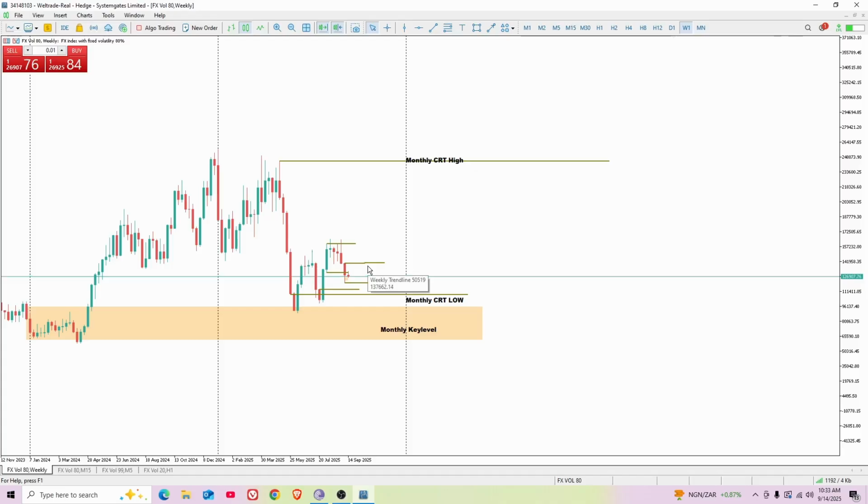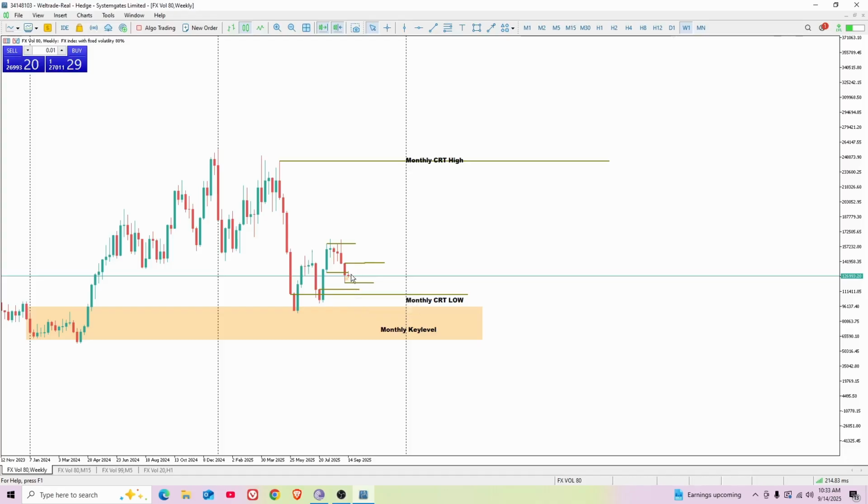Then the next week we have a continuation candle up until we take out those highs. That is why I still believe that the market needs to take out this low into that order block in order to give me a nice CRT. Then I can take that above, right?